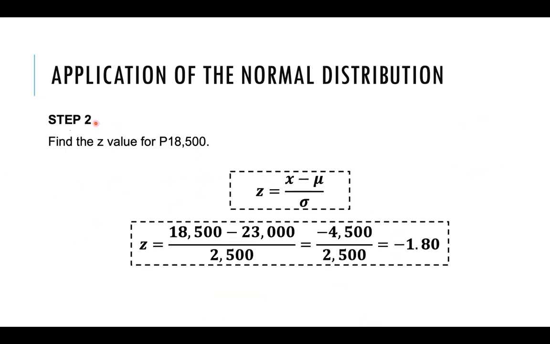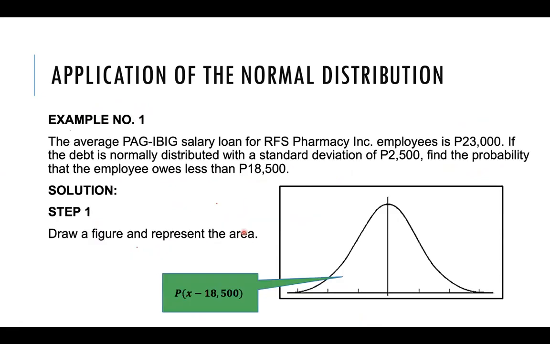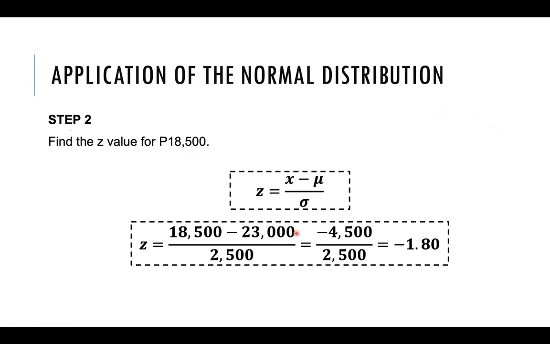So we find the z value for 18,500 by applying the z value formula: 18,500 minus 23,000, since 23,000 is the Pag-ibig salary loan for the RFS Pharmacy employee, which is our population mean, divided by the standard deviation of 2,500.